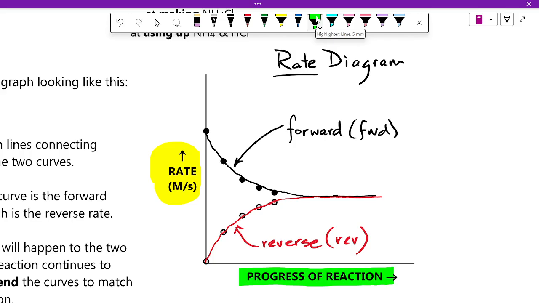Say rate diagram. Rate diagram. No, it's not like this, because that would look like this. Rate diagram. Okay, those two rates come together always.